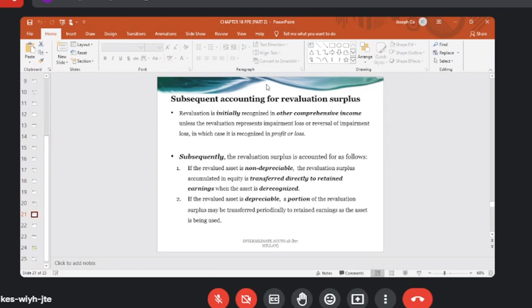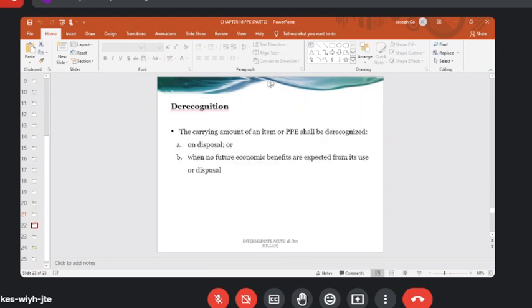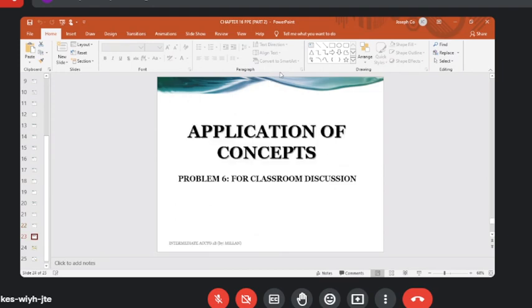If the revalued asset is non-depreciable, the revaluation surplus accumulated in equity is transferred to retained earnings when the asset is derecognized. On the other hand, if the revalued asset is depreciable, we compute the piecemeal realization. And then we derecognize PPE if it is sold or if there are no future economic benefits.